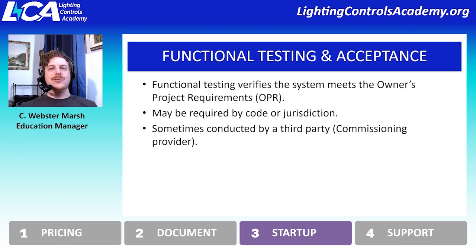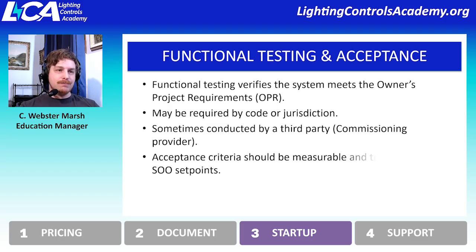But really, when you use the word commissioning, what it should be used for is not for programming and startup. It should be used for the entire procedure, the process of wringing out the system, making sure that the intent has been met. And so the acceptance criteria for a functional test should be measurable and traceable.